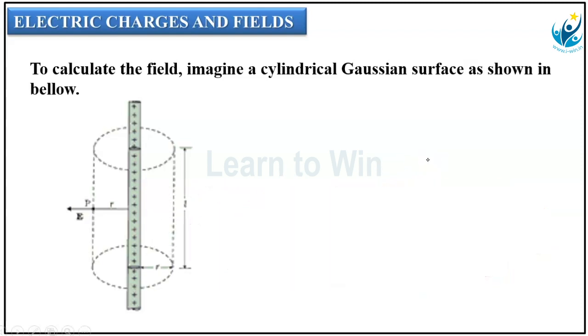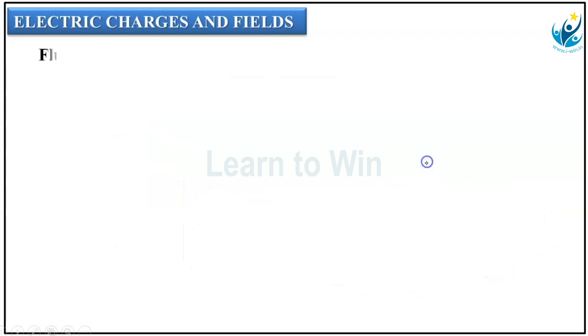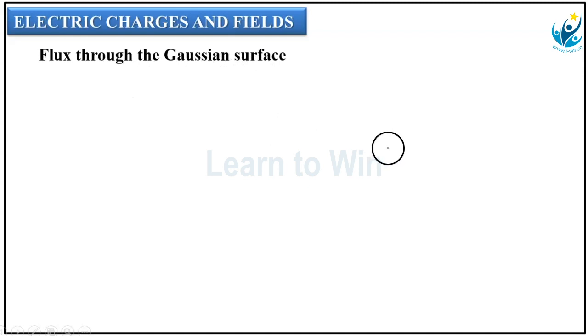Now, we apply Gauss law. The flux through the Gaussian surface we are going to find. Here, actually 3 surfaces are there. AB is one surface, CD is the second surface. These 2 surfaces are flat surfaces. For these 2 surfaces, flux becomes 0. Only through the curved surface ABCD, flux exists. That flux now we are going to calculate.